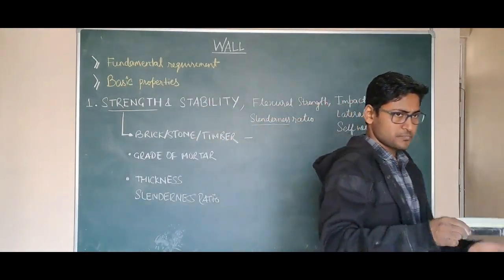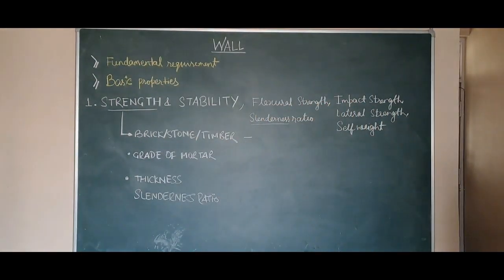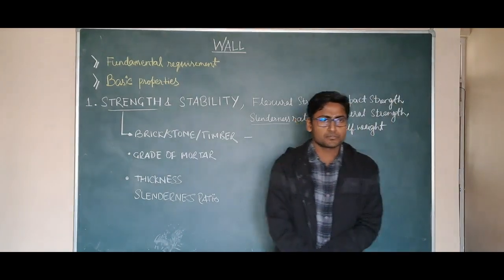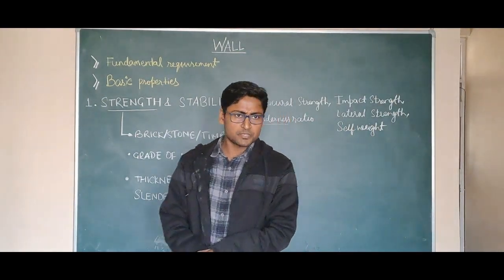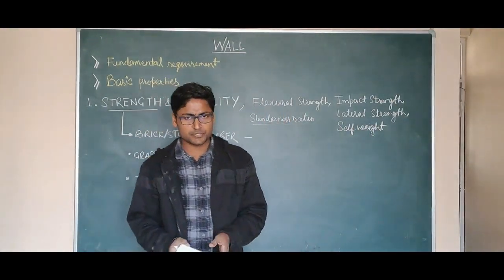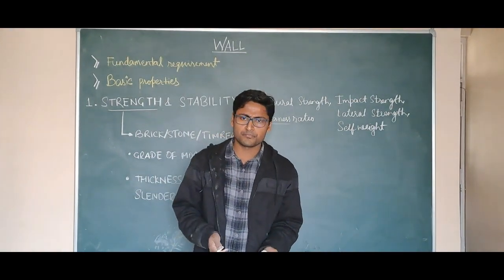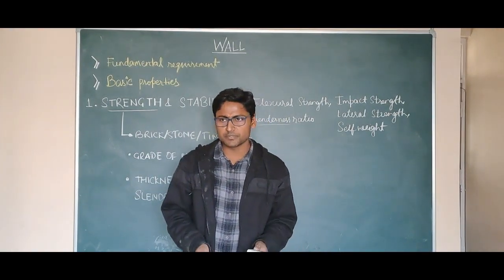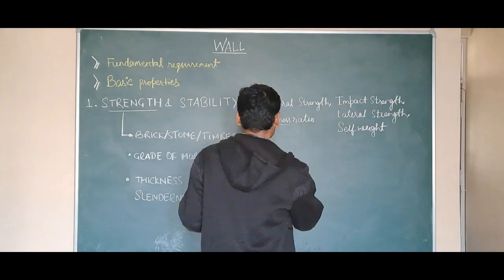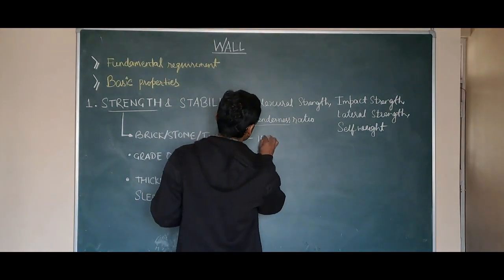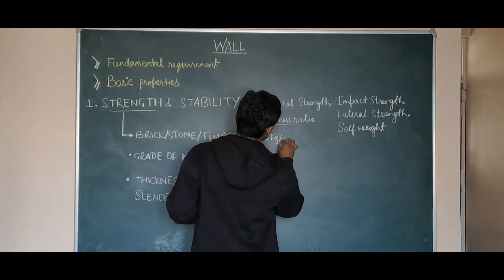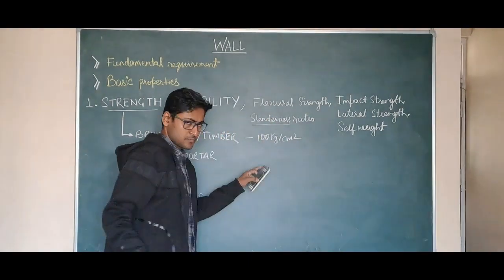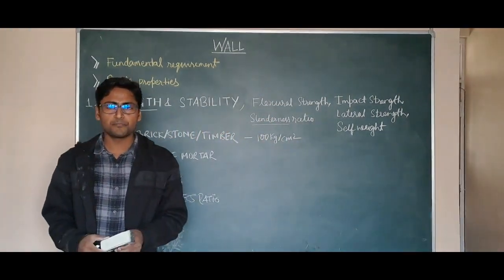So what was the compressive strength of brick or crushing strength of the brick? The compressive strength of the first class brick was around 10 Newton per mm square, or in terms of kg, around 100 kg per centimeter square. So that was compressive strength or crushing strength of the brick.